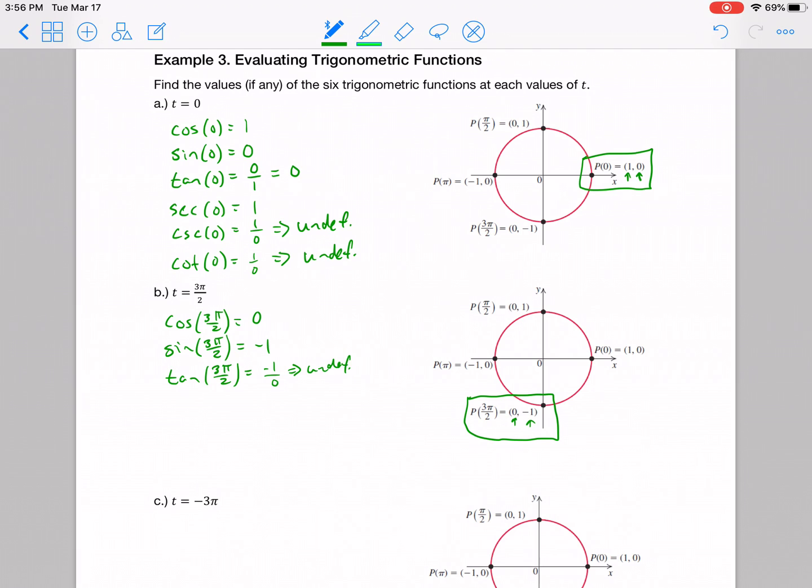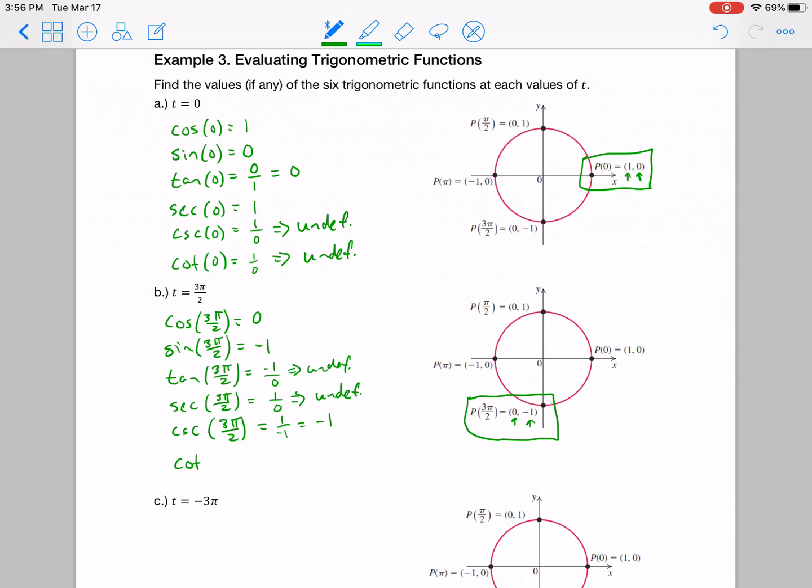undefined. And then we're going to have secant, which is 1 over the cosine. So we have 1 over 0 again, which is also undefined. We'll have cosecant of 3 pi over 2, which is going to be the reciprocal of sine, which is 1 over negative 1, which is just negative 1.